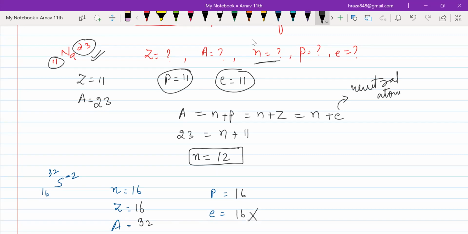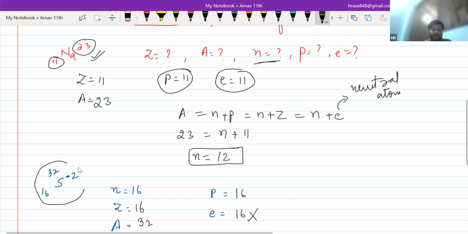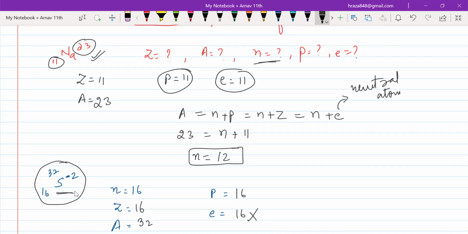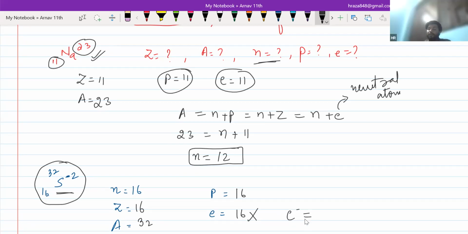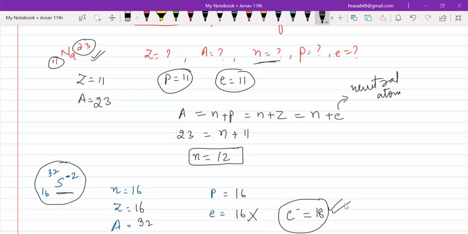This is wrong. Electron is, since you can see that this is not a neutral atom. Is this neutral? No, sir. Minus 2, that means it gains 2 electrons. That means electron should be 16, but after gaining 2 electrons, it will be 18. Okay. Yes or no? Very good.